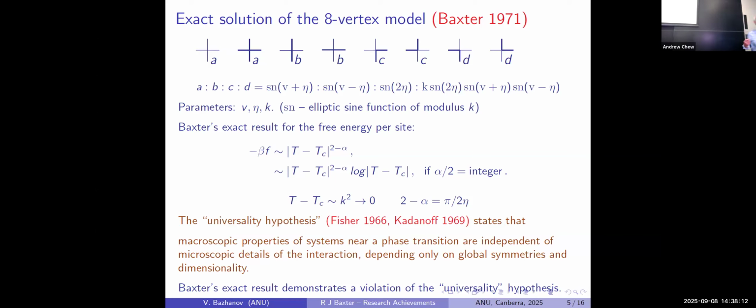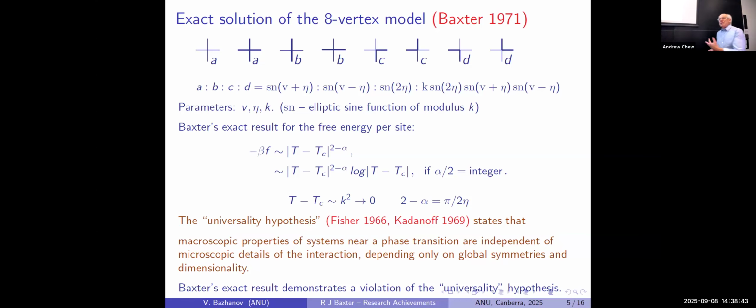The universality hypothesis states that the critical exponents should depend only on global characteristics like the dimension of the system and symmetries, but not on the details of interaction. So from that point of view, the exponents for the eight-vertex model should be the same as for the Ising model, which is alpha equal to 0.